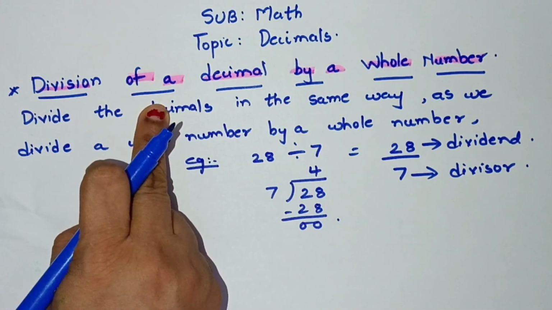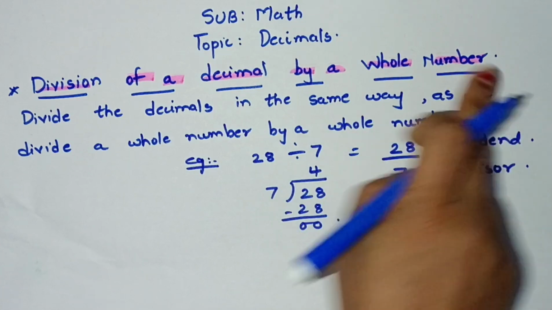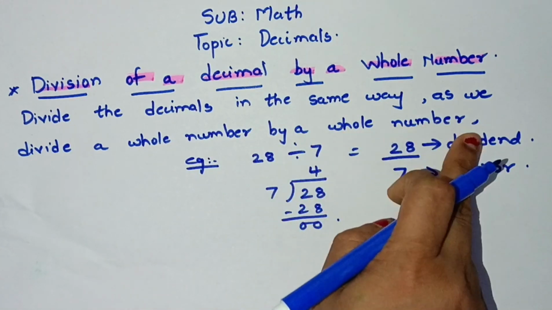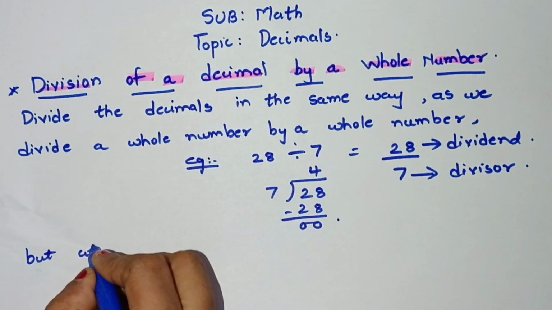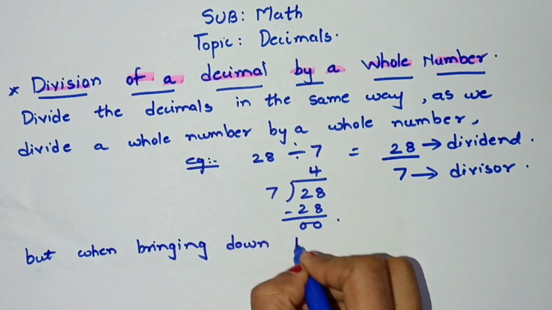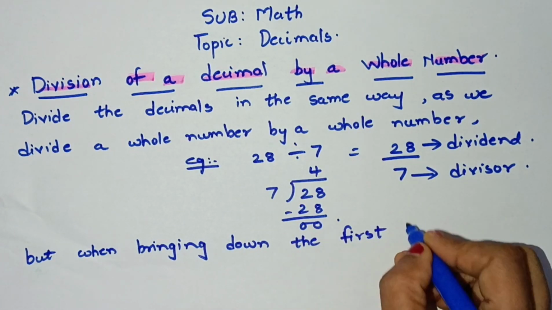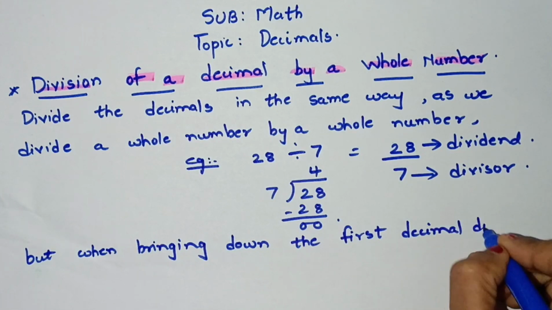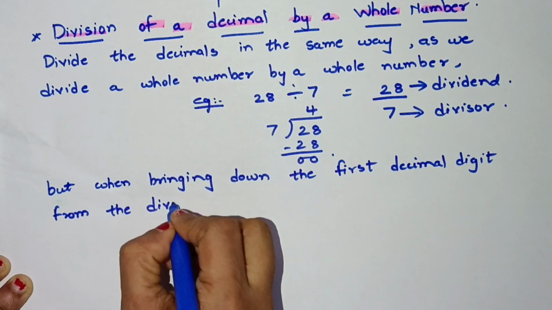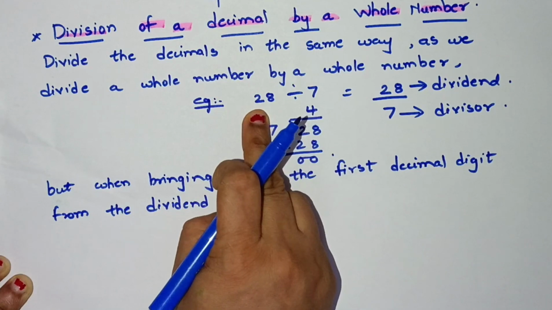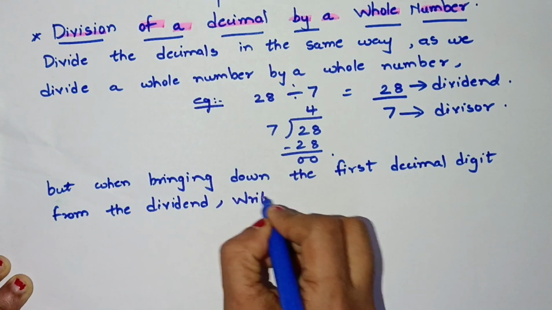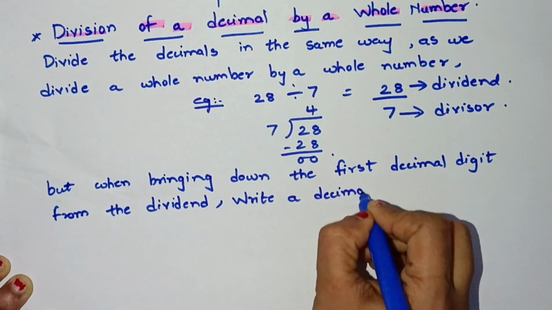But in the case of division of a decimal by a whole number, divide the decimals in the same way as we divide a whole number by a whole number, but when bringing down the first decimal digit from the dividend, write a decimal point.